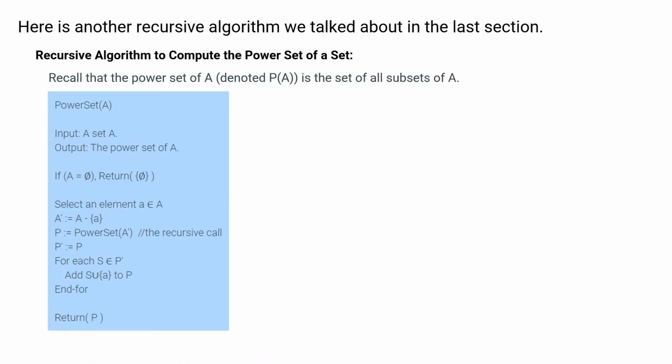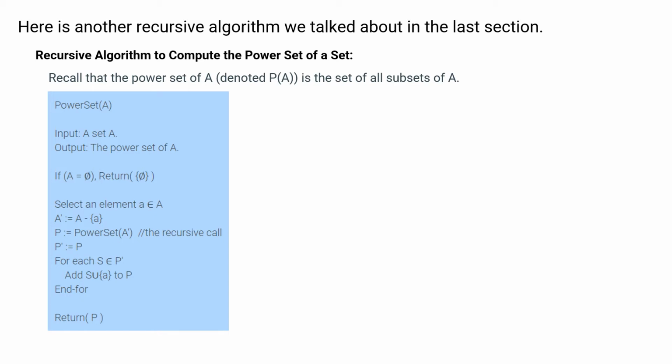Here's another algorithm that we talked about last time. It was called the recursive algorithm to compute the power set of a set. Remember, we start with a set we'll call A, and then the power set of that we could denote as capital P of A. That means it's the set of all subsets of A. So let's look at this algorithm, remind ourselves what was done, and then we'll go into creating a proof of correctness for this algorithm.